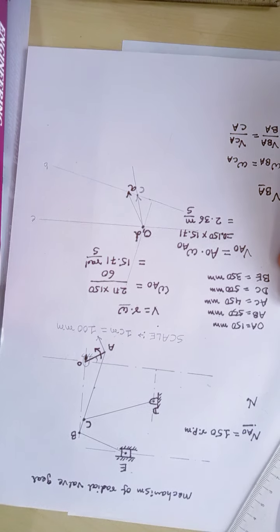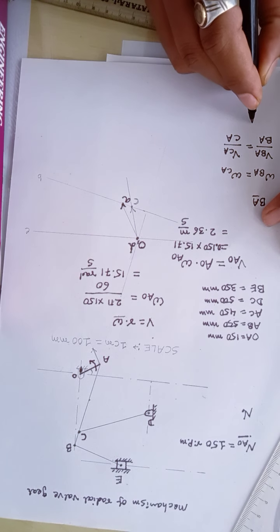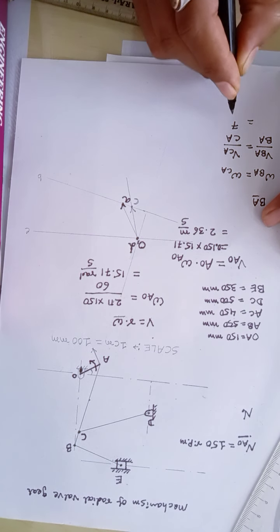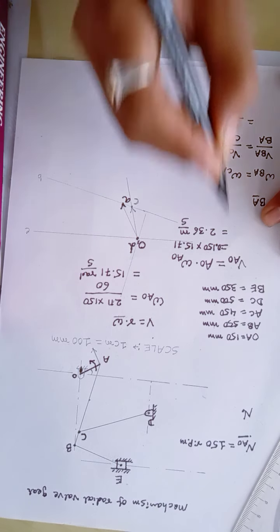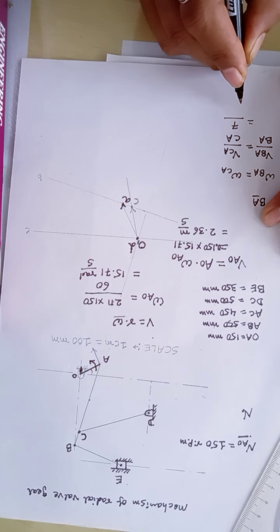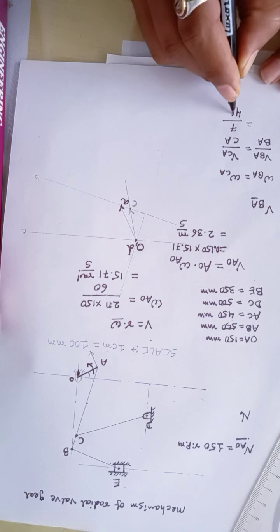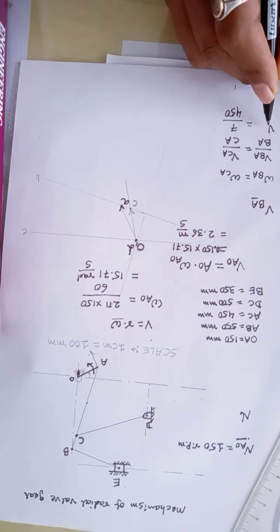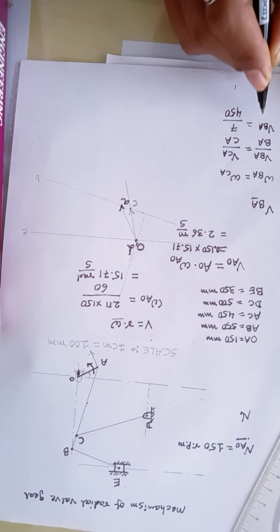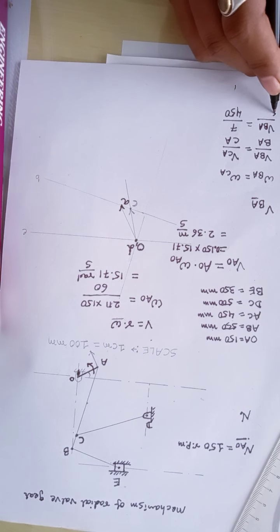So it is 7 millimeter upon CA link length, 450 millimeter, is equal to velocity B with respect to A upon BA, that is 550.